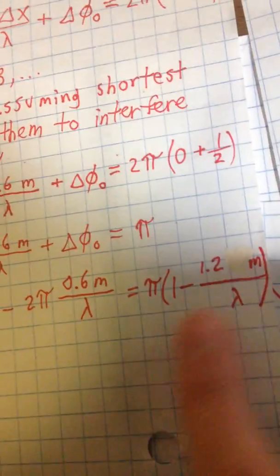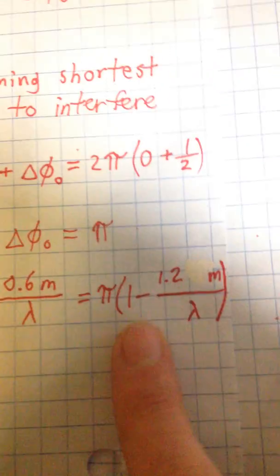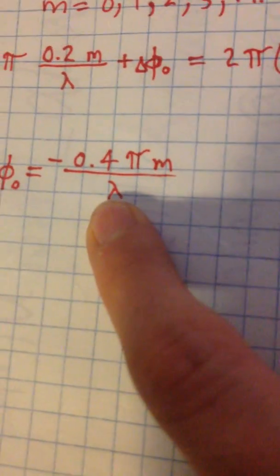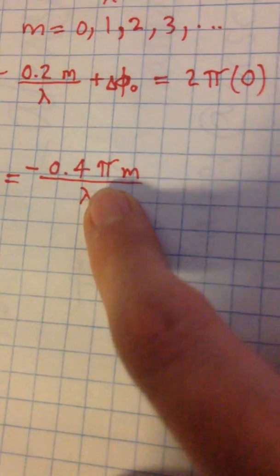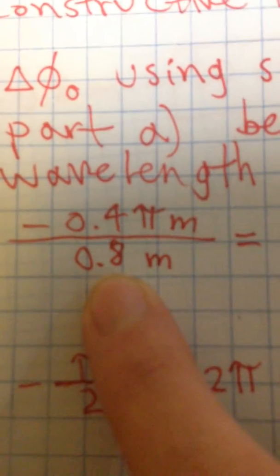We just solved each of those in terms of phi naught. In terms of lambda, actually, but solving for phi naught. And this one, it's very slightly more complicated, but this one, we can just plug in that number and do that division here. And we do it, and 0.8 meters for the wavelength, and we get the inherent phase difference of negative pi over 2.